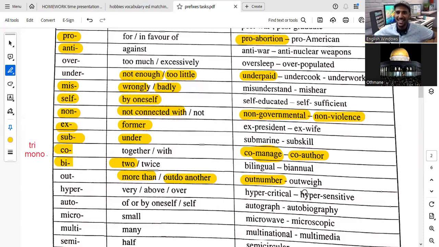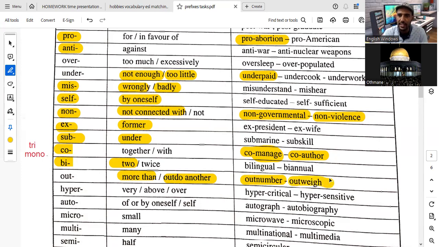This is out: higher, more than, high in degree or something.